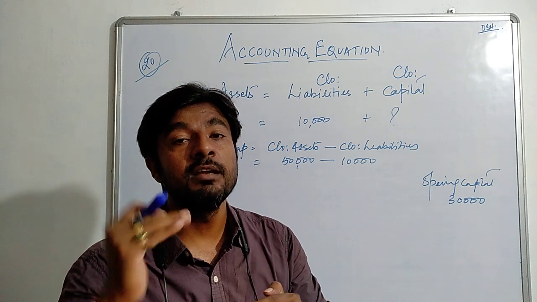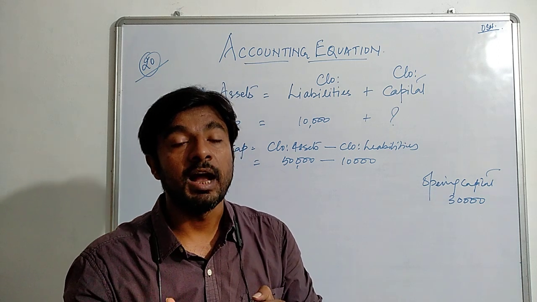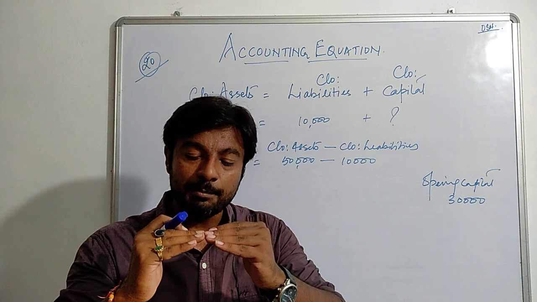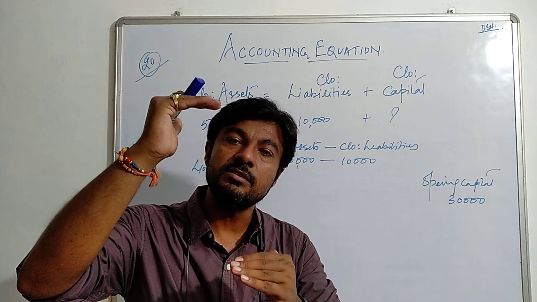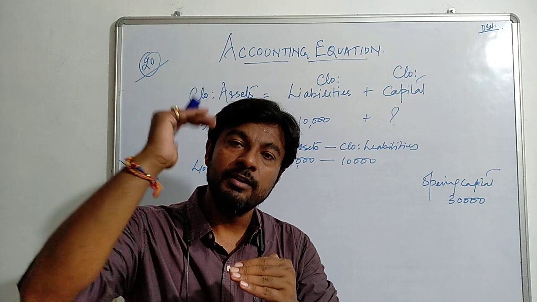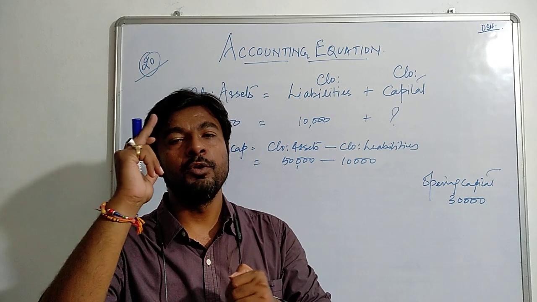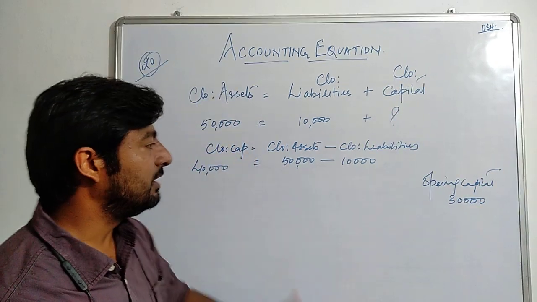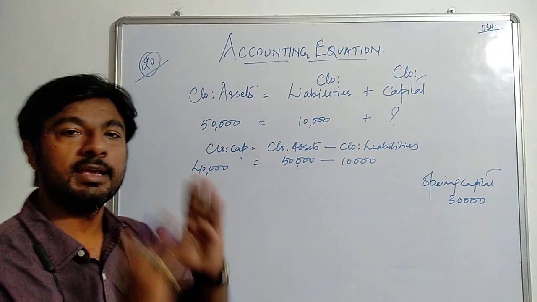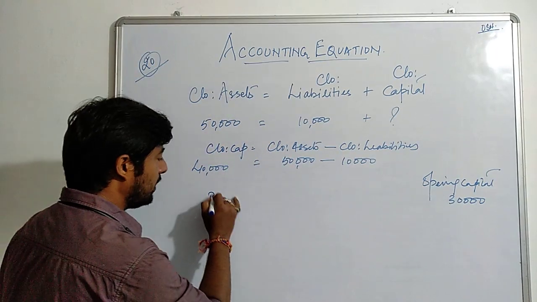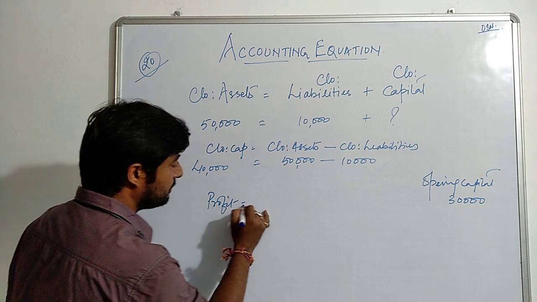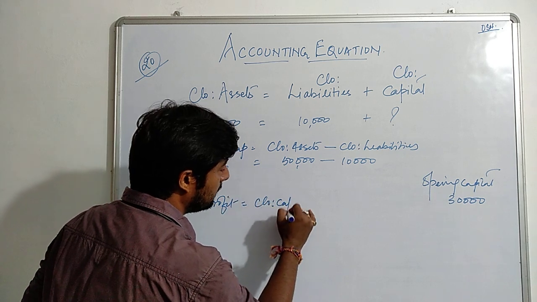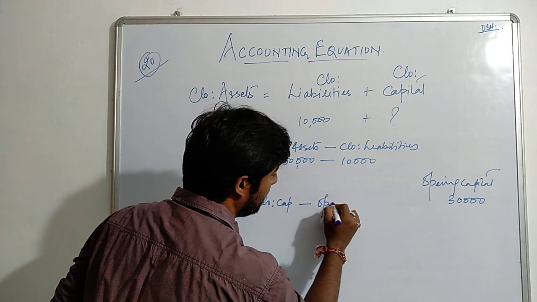Here the question is demanding that you calculate the profit, and we all know that the owner's capital is going to increase by the effect of profit. So we are going to say that the difference between the opening and closing is a profit. How are you going to find the profit? Closing capital less opening capital.